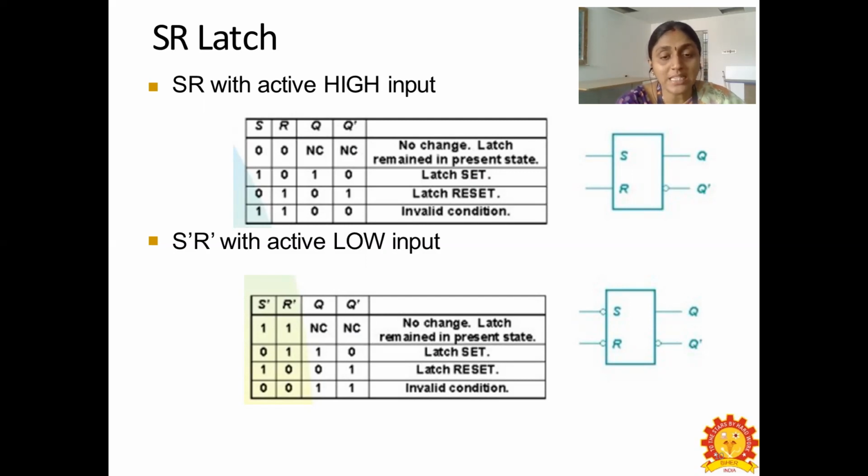And in the latch reset condition, we have S dash and R dash as 1 and 0, where the output values will be Q as 0 and Q dash as 1. And last, when both S dash and R dash are 0, 0, then Q value is 1 and Q dash is 1, which is said to be the invalid condition.